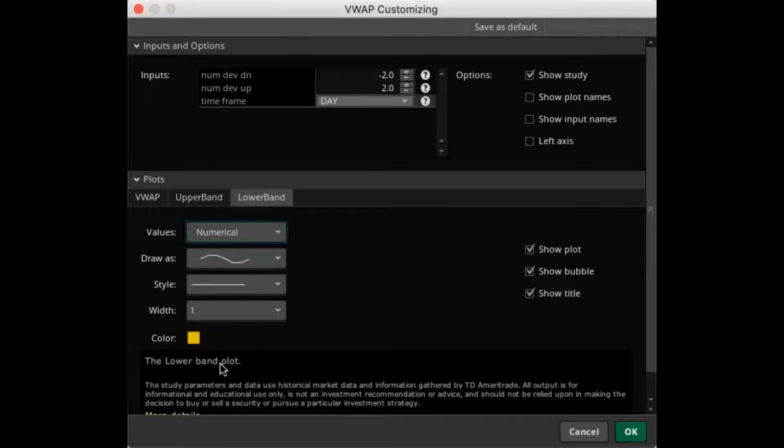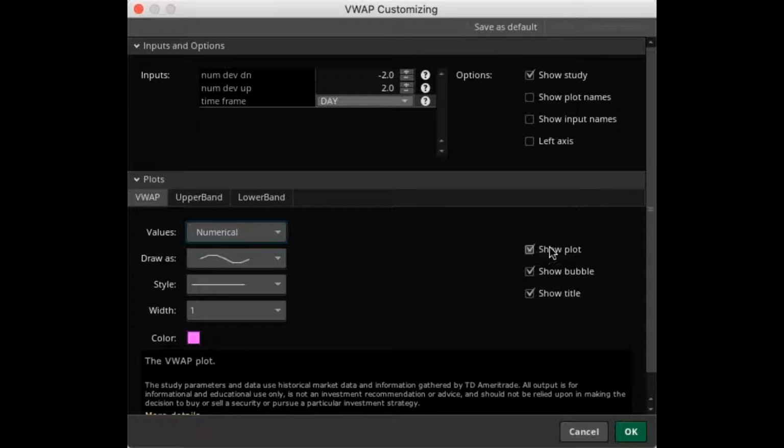Now go to the lower band. It's going to be like a beige yellow. Now click show plot again, so it's not clicked anymore. So the only one that's clicked is the VWAP. That is the only one I want you to click. Okay, once that's happened, upper band, not clicked. Lower band, not clicked.